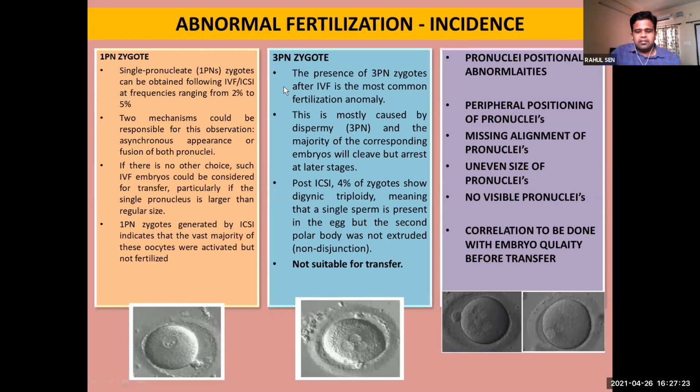As a result of fertilization, 3PNs can be seen. This is mostly caused by dispermy, due to more sperm entering the oocyte, and the majority of corresponding embryos will cleave.